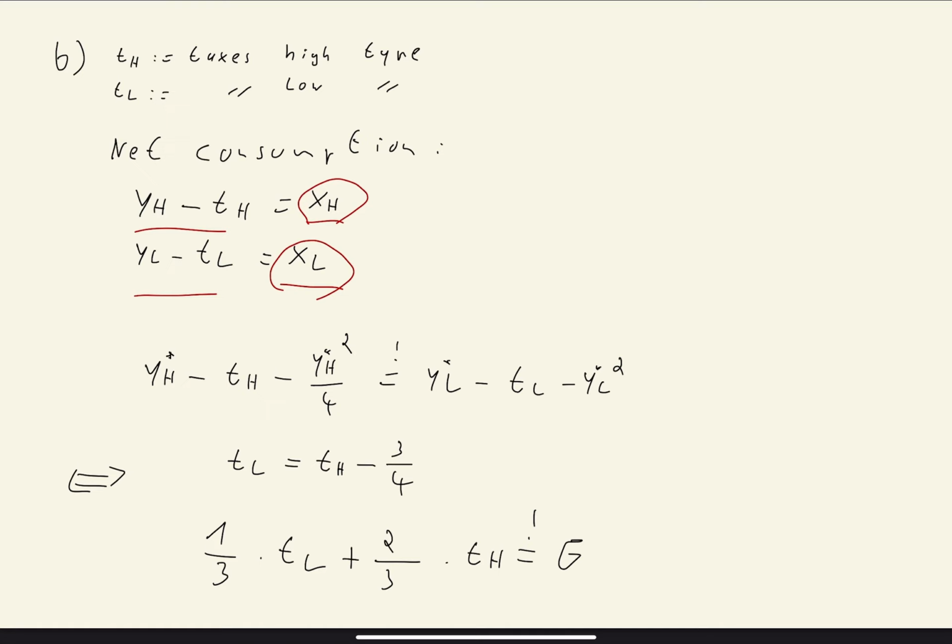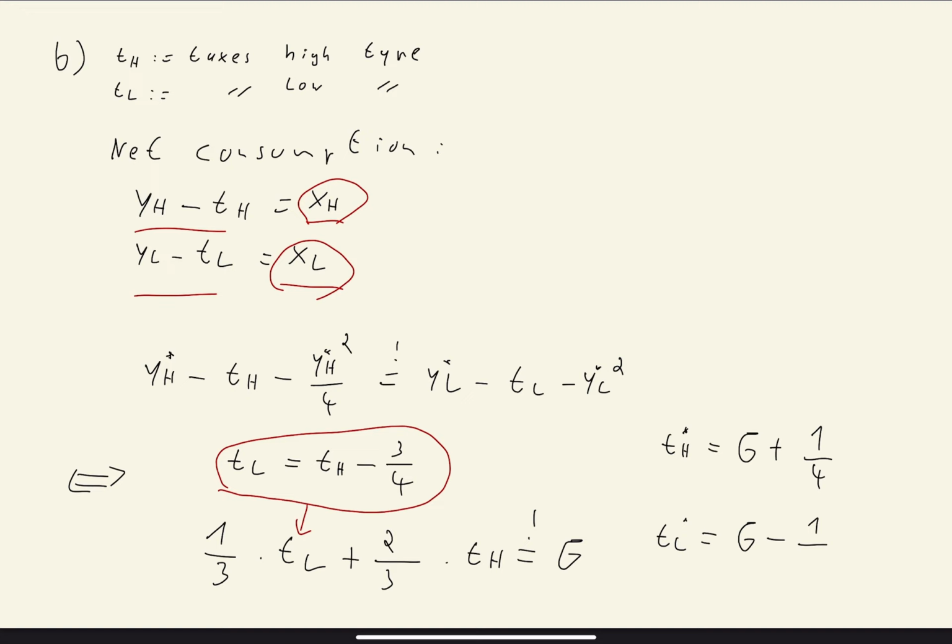Now, if we plug the relationship that we had here into this expression, we end up with TH star being equal to G plus 1/4 and TL star being equivalent to G minus 1/2.